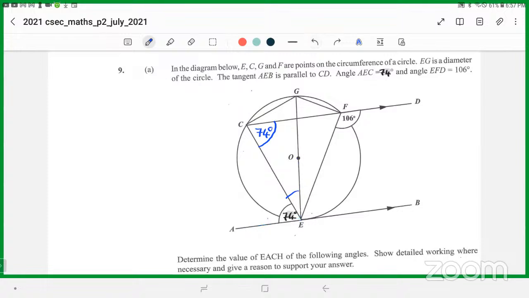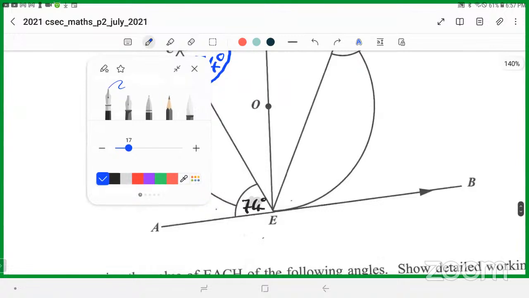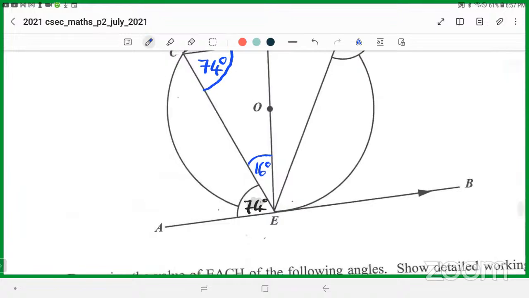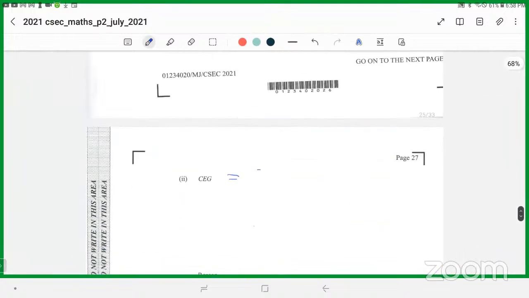How much is that? 16 degrees. So this angle equals 90 minus 74, which is 16 degrees.